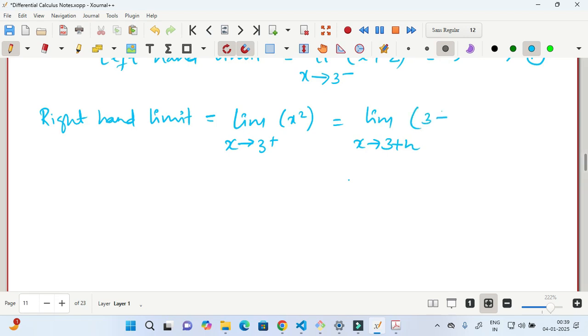So this is 3 plus h. Sorry. x tends to 3 plus of x square. This is equal to limit h tends to 0 of 3 plus h square.